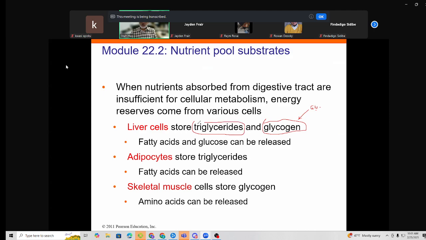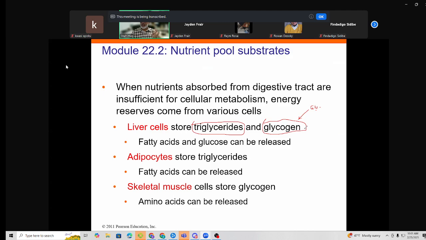Triglycerides are fatty acids together. A triglyceride is a lipid which needs to be reserved in the body, and we can find it in the liver cells.